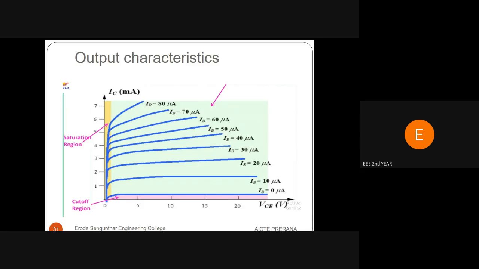In the graph, the region left of VCE equal to 0 is denoted the saturation region. In the saturation region, emitter base and collector base are forward bias. So this region increases in a linear way.